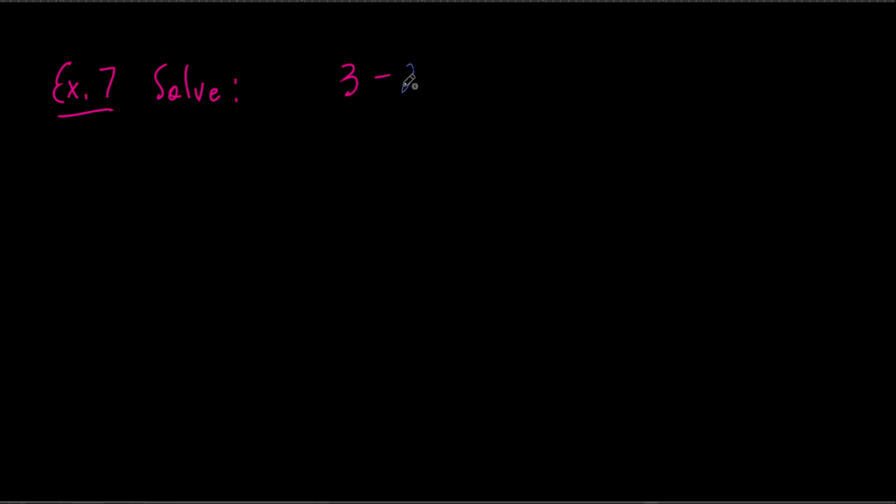3 minus 2x is less than 5. Well, this looks very familiar to what I've done before. This looks very similar to an equation with an equal sign here. So you basically solve for it just as if this was an equal sign, with one exception.